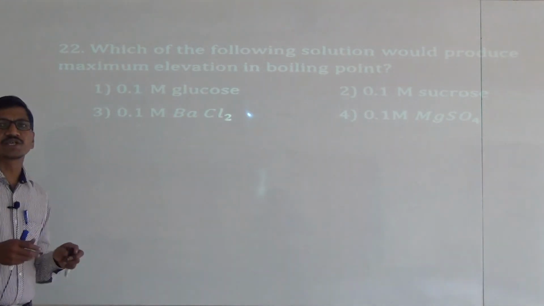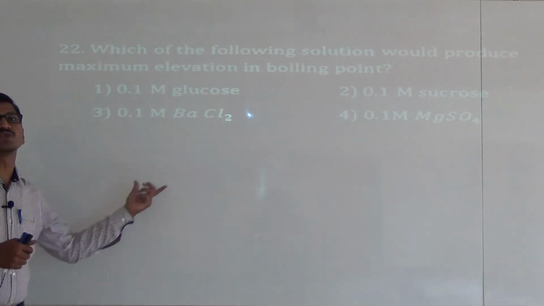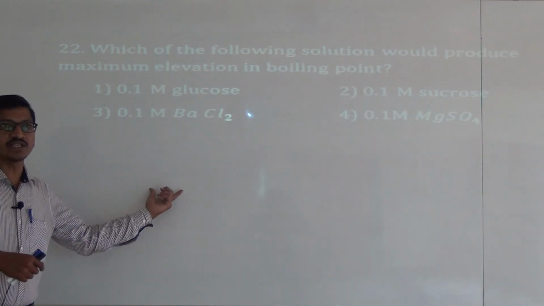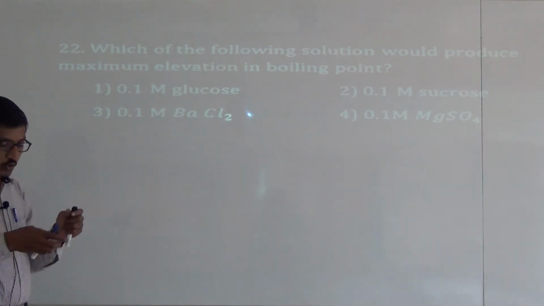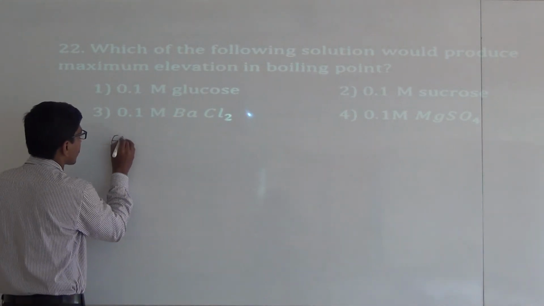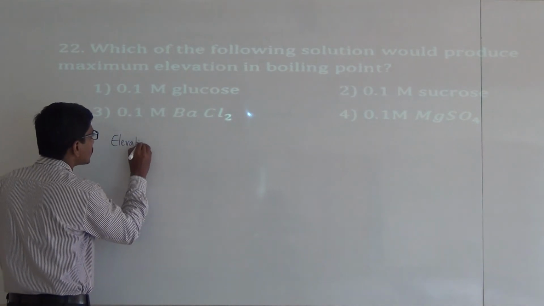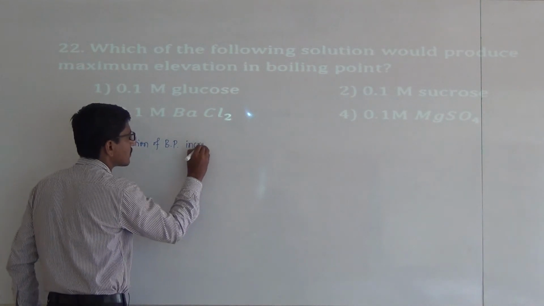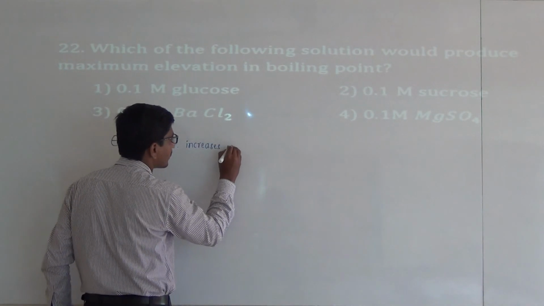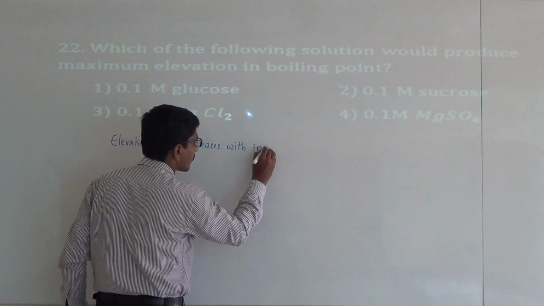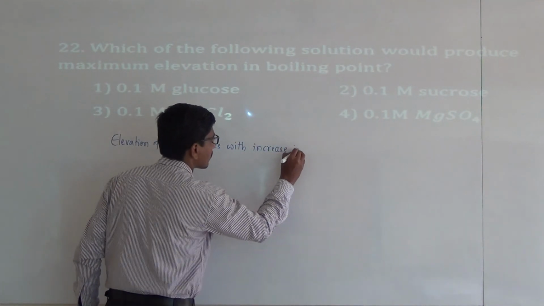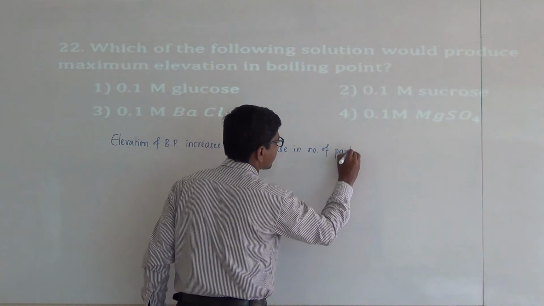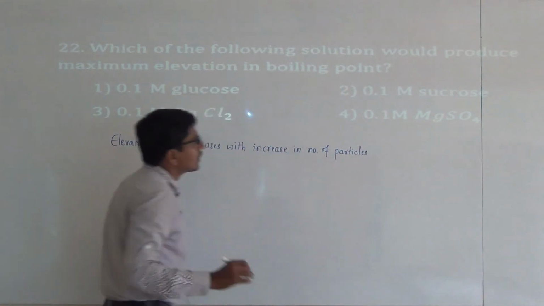In the last question also we discussed that boiling point increases with increase in number of solute particles, and in the same way elevation of boiling point also increases with increase in number of solute particles.